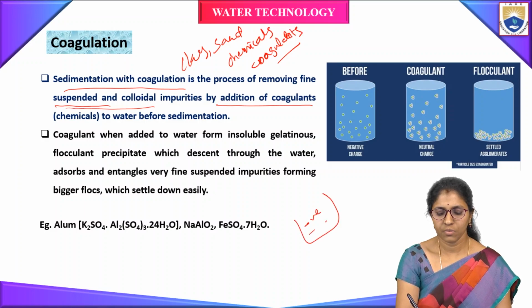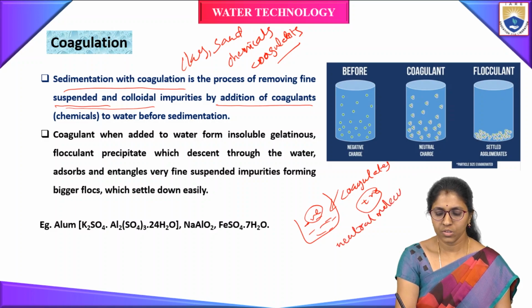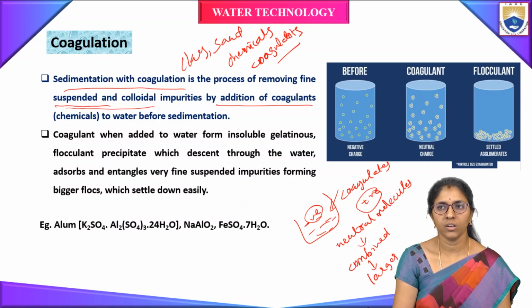When we add the coagulants, which have a positive charge, the two combine with each other and form neutral molecules. These neutral molecules again combine together and form larger molecules.